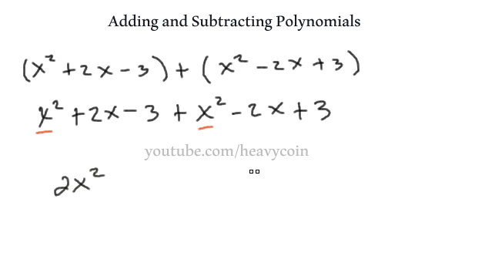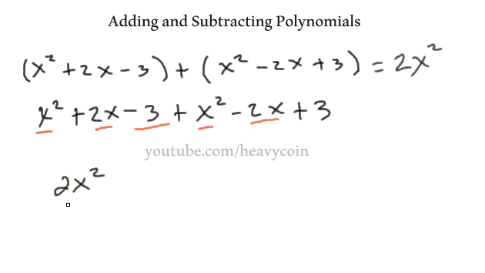Then we have the like terms 2x and minus 2x. Those cancel out to 0. Then the minus 3 and the plus 3 cancel out to 0. So this is all equal to 2x squared, once we cancel everything out except the leading term. So degree 2, leading coefficient of 2.